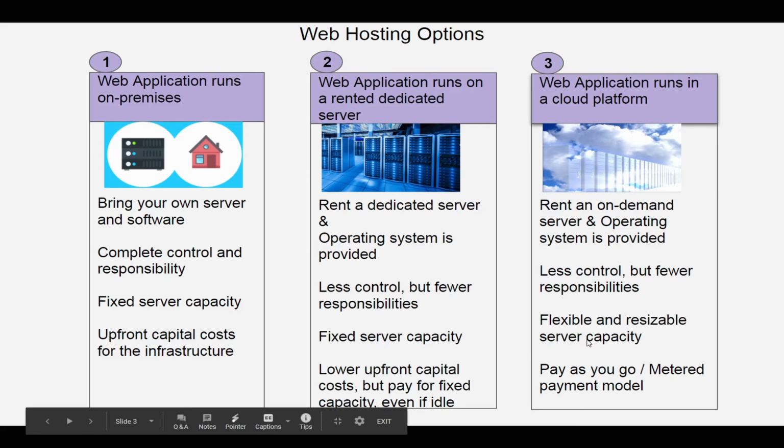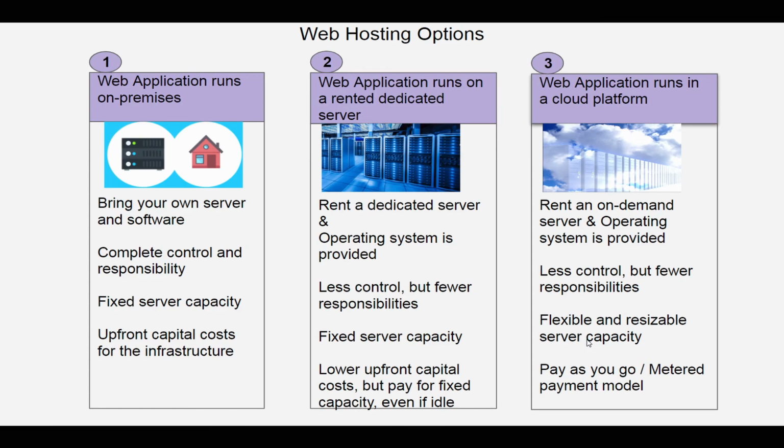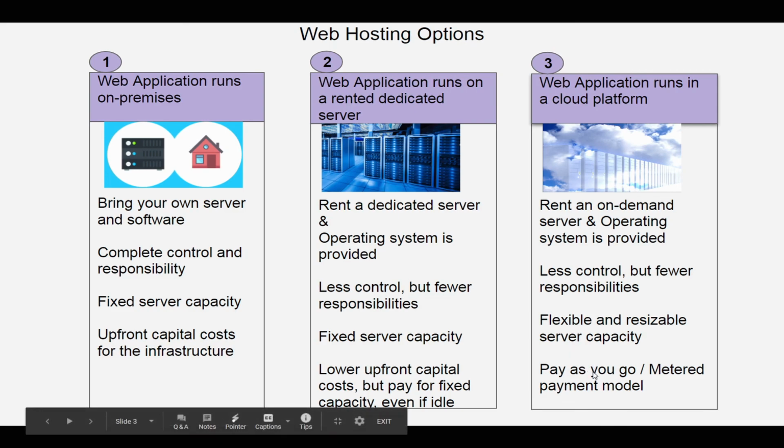So now in the third option, in the cloud computing option, you rent an on-demand server, which is very flexible and resizable, and they offer you a pay-as-you-go model. In other words, you pay only for what you use.